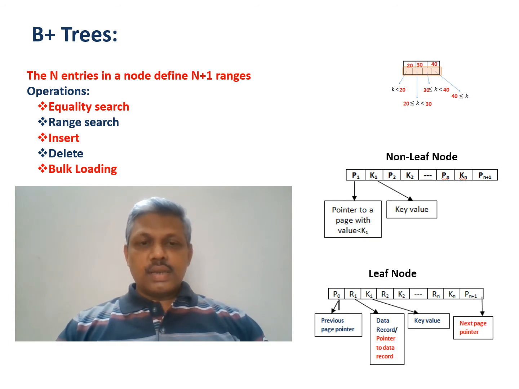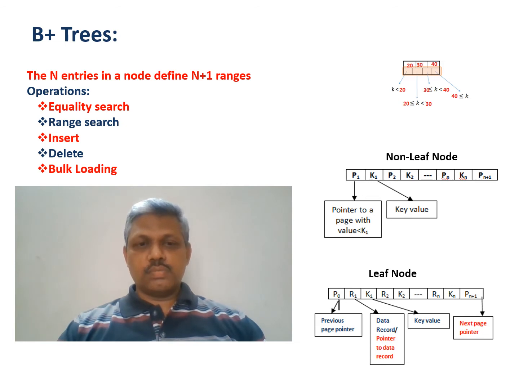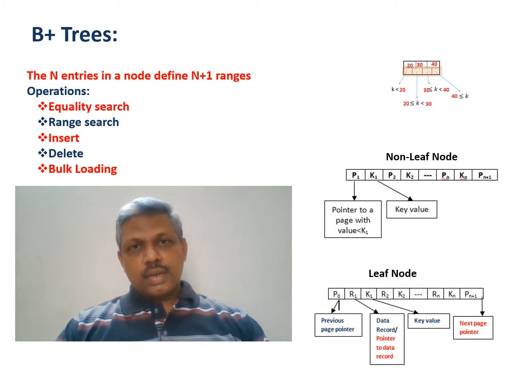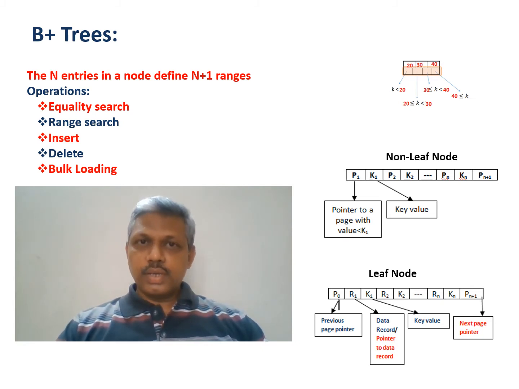So the leftmost pointer should point to the previous node, the previous page pointer, because in the previous slide we have seen that the leaf nodes are in the form of a doubly linked list. So if you take one leaf node, the leftmost pointer should point to the leaf adjacent to it.